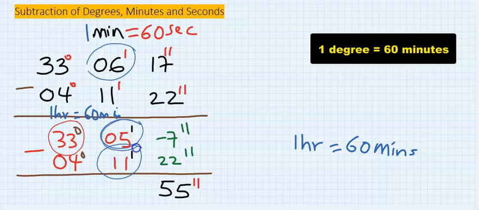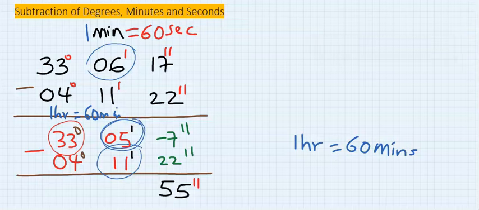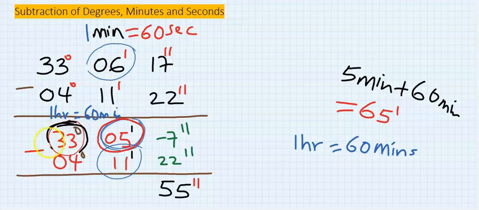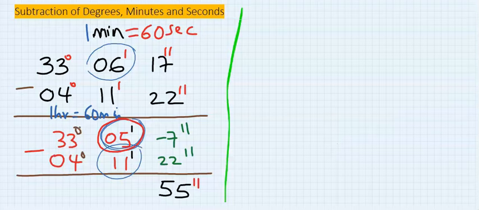And I have 5 minutes here. Hence, I will now have 5 minutes plus 60 minutes. That is the 60 minutes I took from here. And we are going to have 65 minutes. So here, I'm going to have 65 minutes. And here, what is remaining is 32 degrees. Hence, my new question becomes 32 degrees, which is subtracting from 4 degrees.